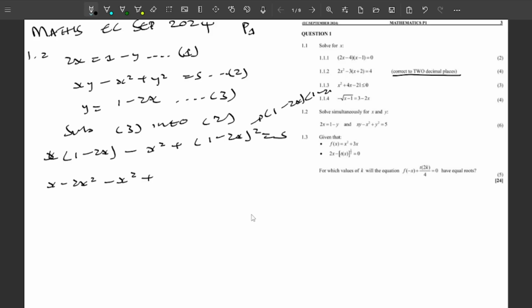And good. After you have expanded it like this, you should get 1 minus 4x plus 4x squared, and I'm going to take this 5 to the other side, and it's going to be minus 5, equals 0. And from here, we're going to try to simplify it.